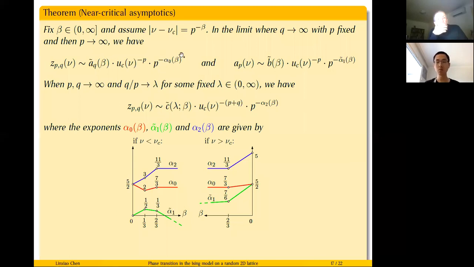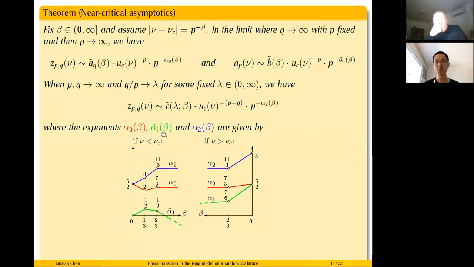But this time, the exponent, instead of piecewise constant, becomes a function of this parameter beta. And here I draw the graph of this exponent with respect to the parameter beta. The graphs are drawn in a somewhat strange way. Of course, for a given value of p, this relation only gives the absolute value of nu minus nu c, so you also need to specify whether nu is smaller or bigger than nu c.